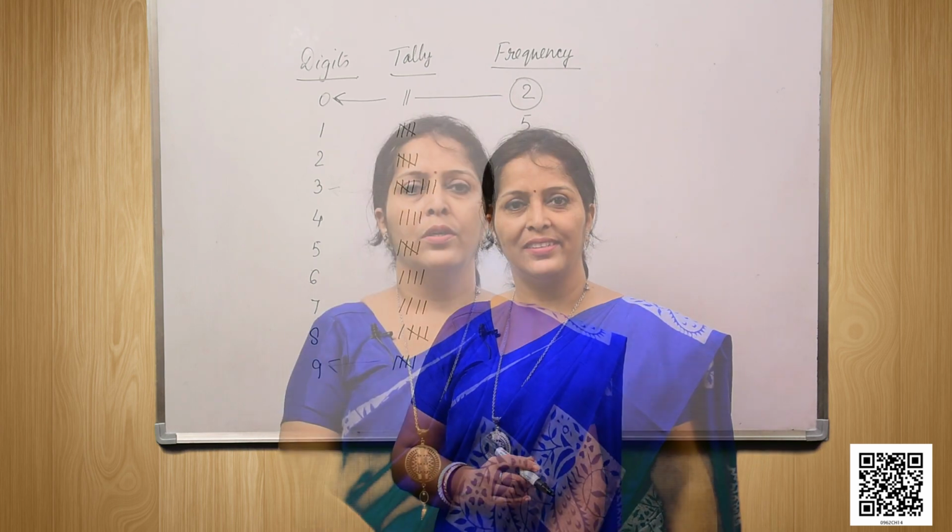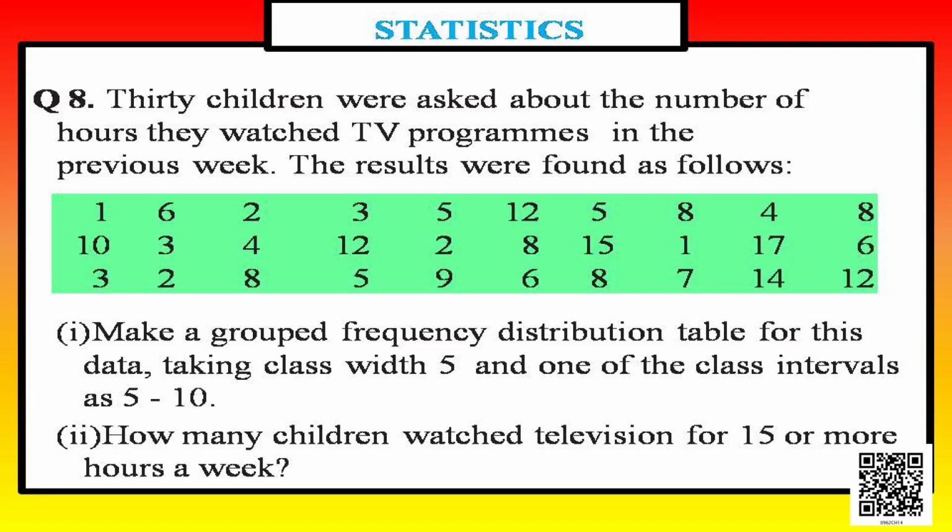Is it okay? Next is question number 8, which says 30 children were asked about the number of hours they watched TV programs in the previous week. The results were found as follows. Some numbers are given to us starting from 1, 6, 2, 3, 5, 12 and so on. Then at the end we have two bits.